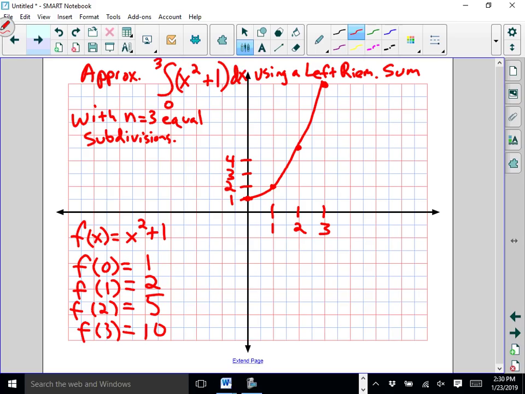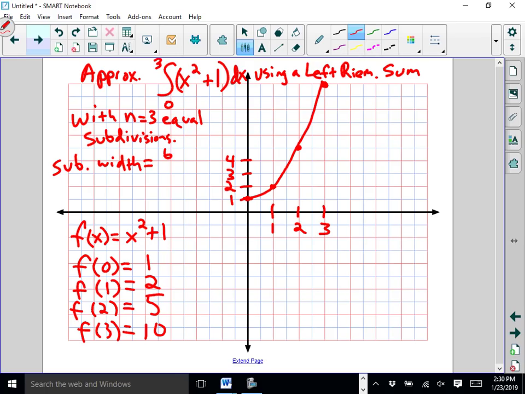So what it told me to do is to make 3 equal subdivisions. Now, it's pretty easy to see what the width of those 3 would be, but I want to show you a trick that can help you. To know how wide your subdivisions are, the subdivision width always equals b minus a over n.